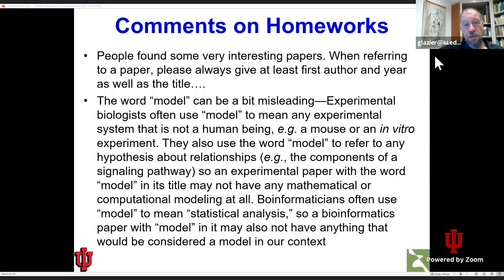Sometimes model is also used in a way that's a little closer to what we are talking about here, which would be what we would call a conceptual model, which is, does interleukin 6 antagonize or promote interleukin 12? That would be a model of the role of interleukin 6.